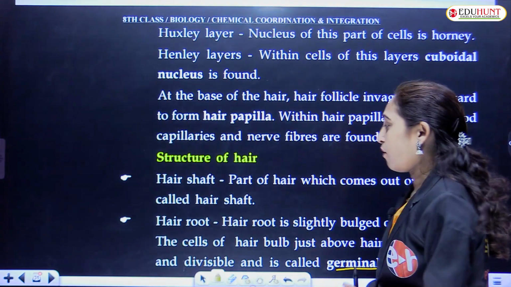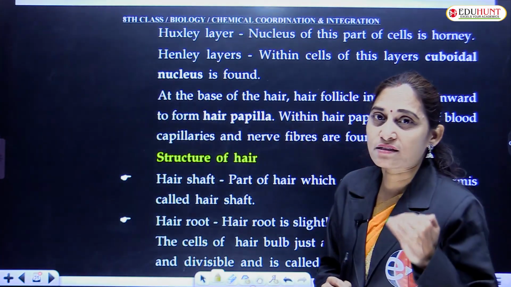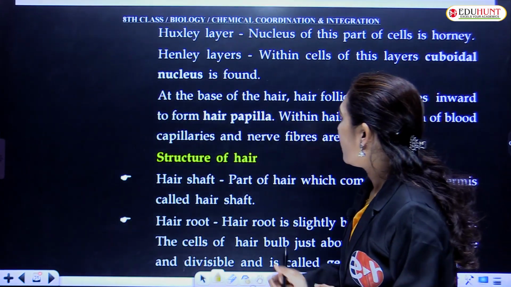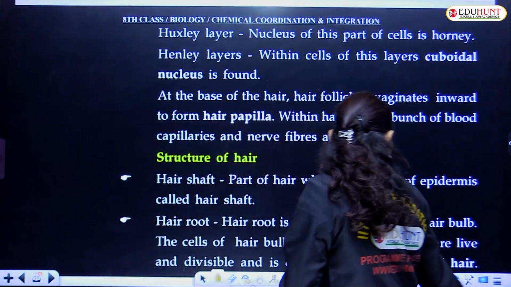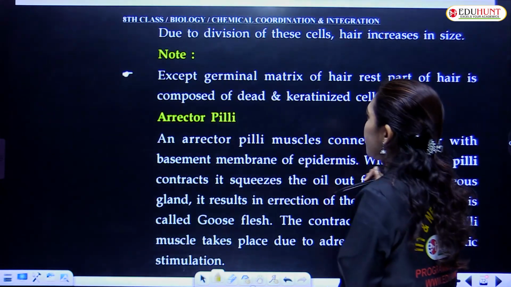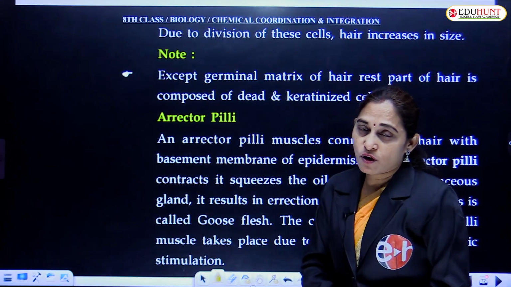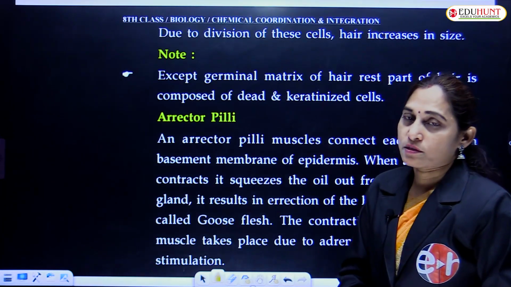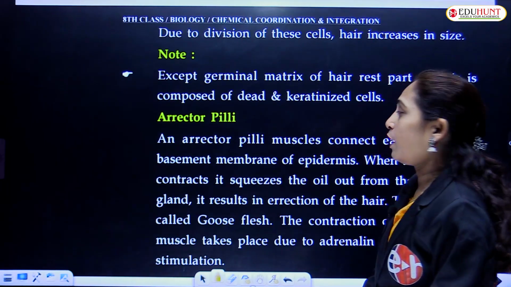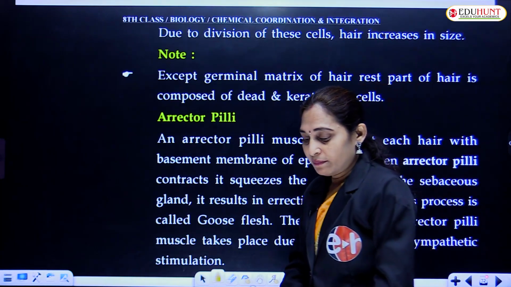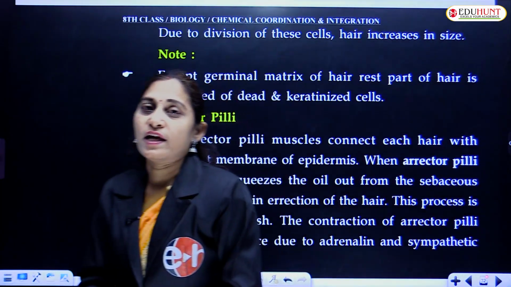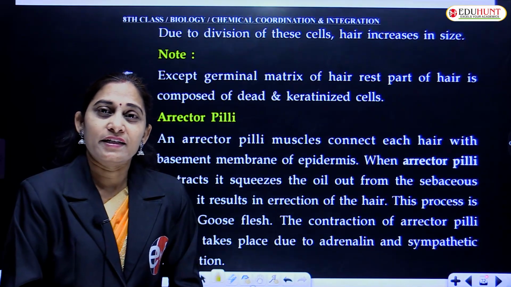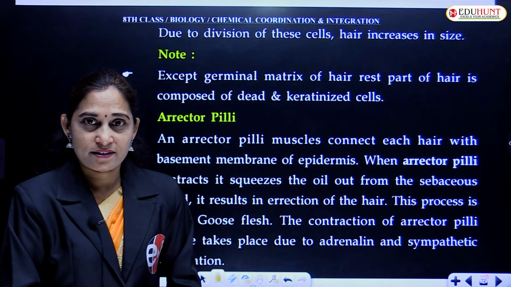Germinal matrix of the hair. The hair base, that is the root near the papilla, has the germinal matrix, and because of the divisions of these cells only, hair growth is possible. Except the germinal matrix, the remaining part of the hair is made up of dead cells, and it is highly keratinized.